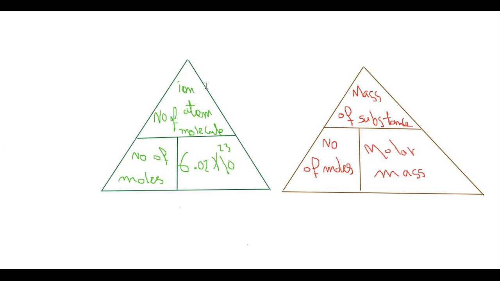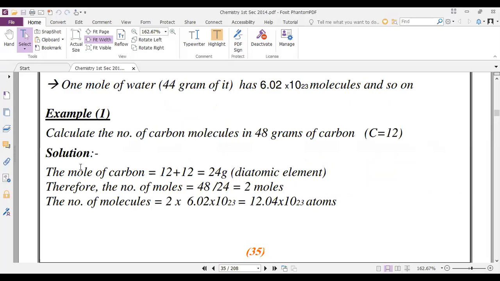Okay, let's return to our booklet. This example: calculate the number of carbon molecules in 48 grams of carbon, where carbon equals 12. The first point is that we must calculate the moles of substance. The molar mass of carbon equals 12 plus 12 equals 24.